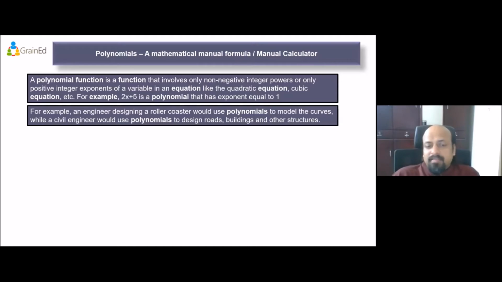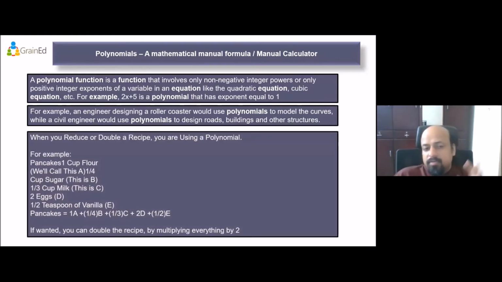So one complex thing I will tell you, a roller coaster, right? An engineer designing a roller coaster would use polynomials. Designing roads, buildings, the structure, they're all polynomials used from a design perspective. Everything you see is also a polynomial. You take some recipe, there is a polynomial. You go to a supermarket, there is a polynomial.